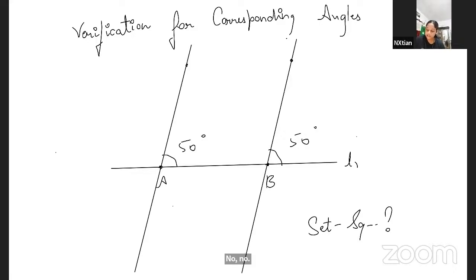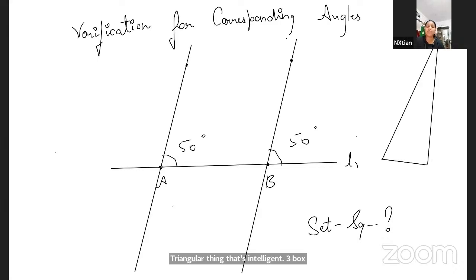It's all right. This is the device, that's the set square. It's this triangular shaped thing that's in your geometry box. Ma'am, I don't have that. Okay, that's all right. So you can note it down. Simeon, you too, you can just write it.